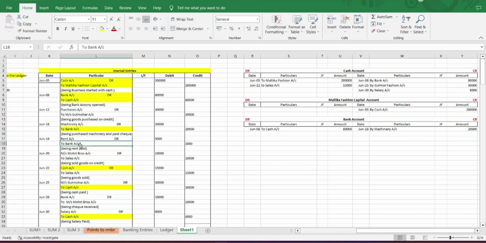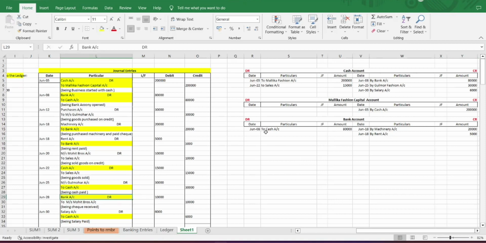Next, bank account, here we have again another transaction. Here again bank account is credited for rupees 5,000. Next bank entry we have here.